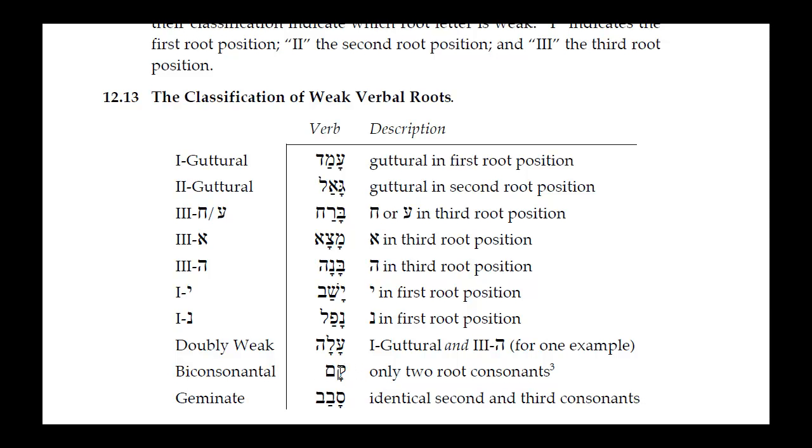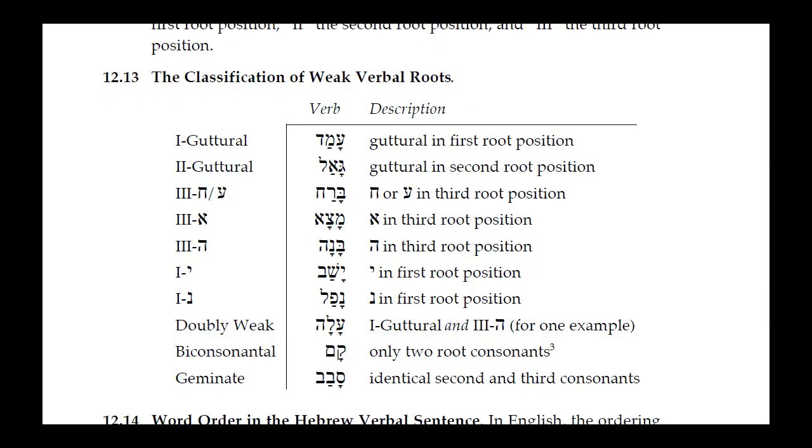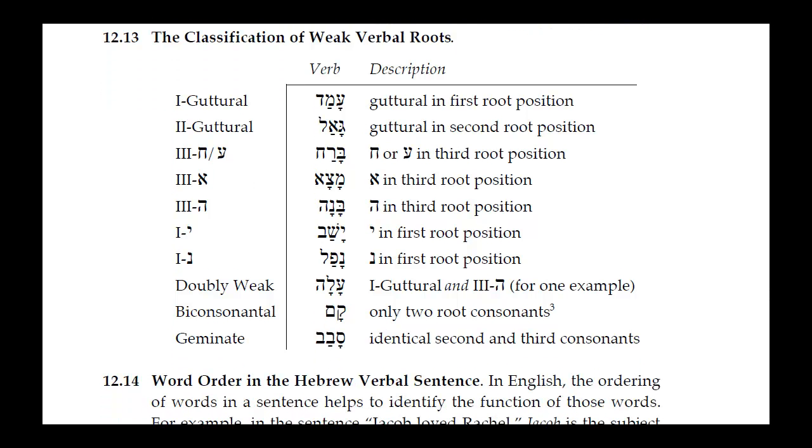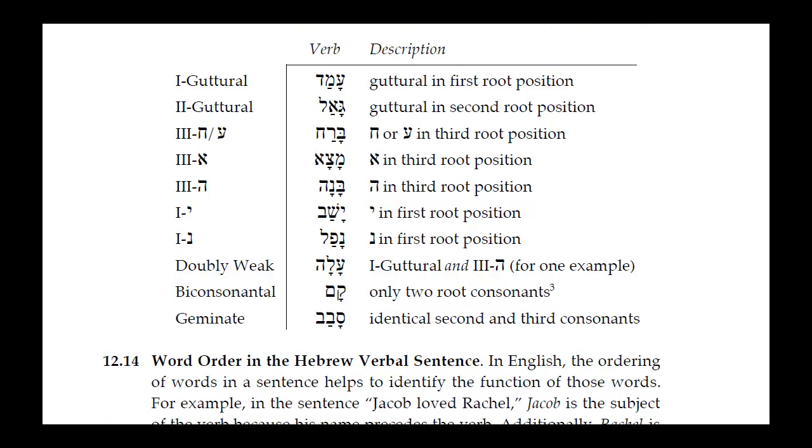You have a kof and a mem suffix here. We have geminates, which are the identical second and third consonants here. So you have a samech, then you have a bet. Those are called geminates, and we have a lot of geminates in the Hebrew.